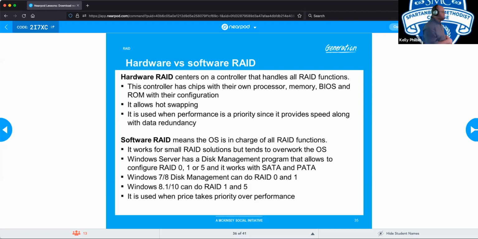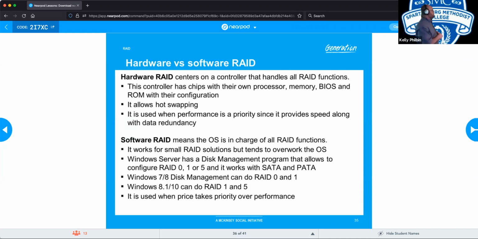It allows for hot swapping, so you don't need to shut it fully down before you re-implement the hard drive. It is definitely used when performance and speed are the main priority, but it is a more expensive way to implement it because you're buying very specific devices for this.